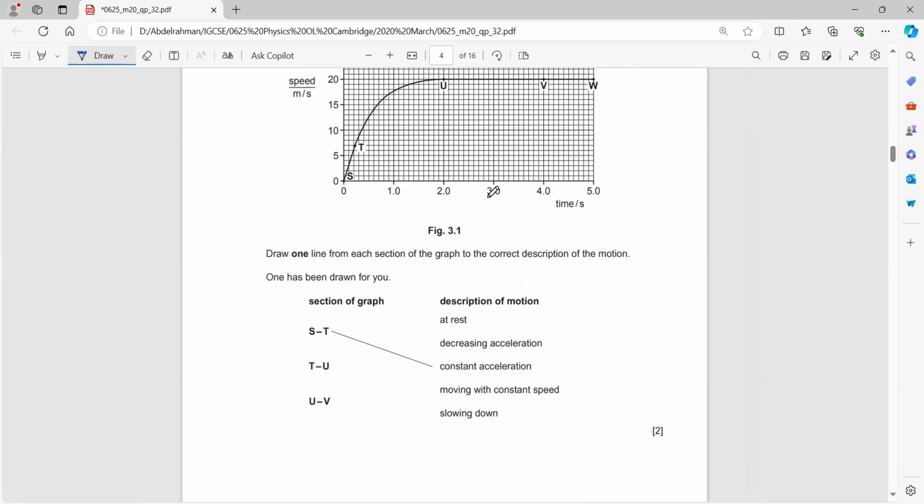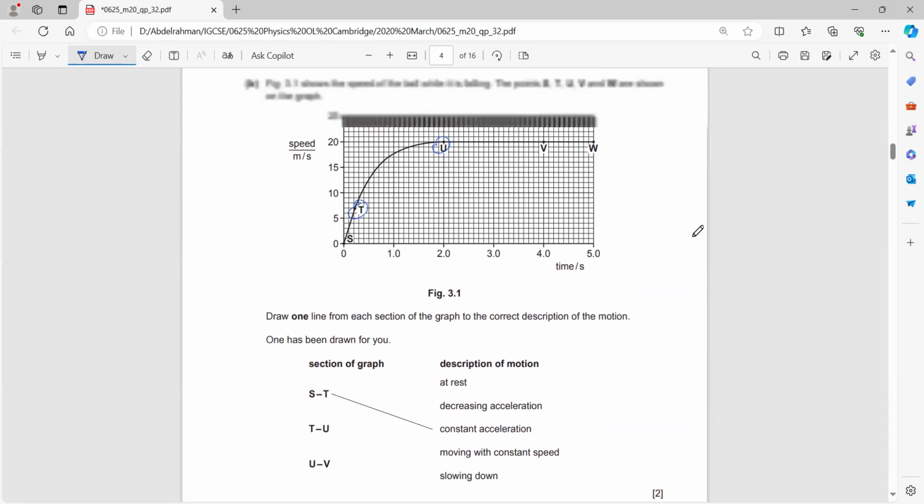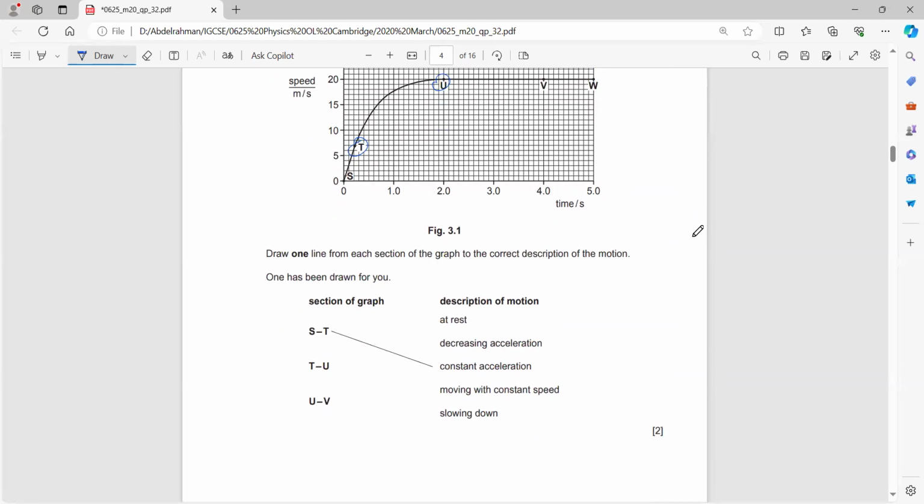It is decreasing acceleration, correct. What's happening in TU? It is accelerating. How do I know that it is accelerating? The speed increased. It was, for example, 7 and became 20. So the speed increased. You have to make sure that you know that it is definitely accelerating from T to U.